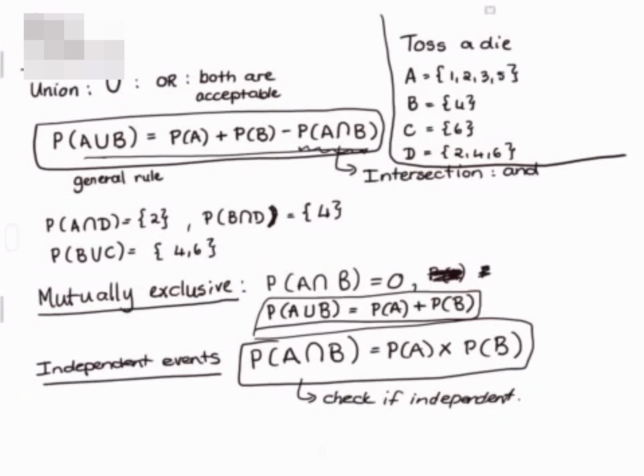So if I told you nothing, I didn't tell you what the experiment was or anything, I just told you what the probability of A is and the probability of B, and I tell you what the probability of the intersection is, then you can see if this thing is true, and that will tell you they were independent events. If it's not true, then you will say no, they were not independent events. Again, all these rules very, very important.